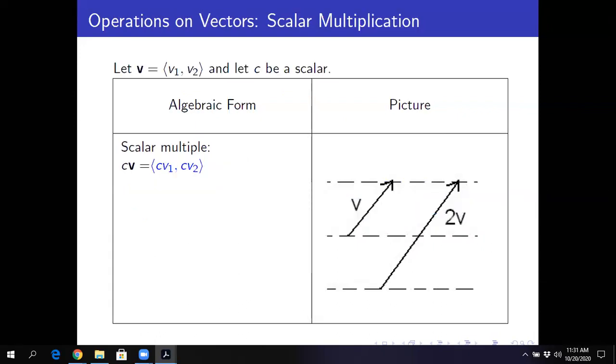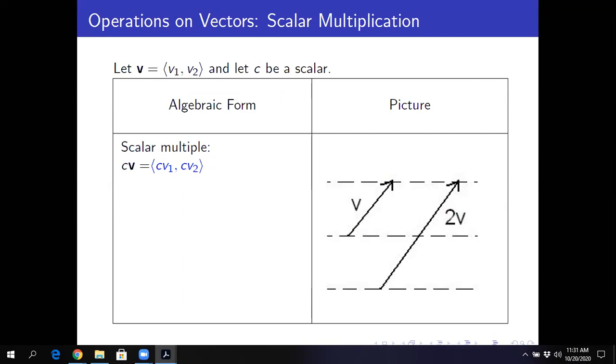Let's talk about multiplying a vector by a constant or a scalar. So suppose I have a vector v1, v2, and I multiply it by a scalar. Then for instance, if c was like 2, basically what I'm doing is distorting the x and y displacement by that scalar factor.